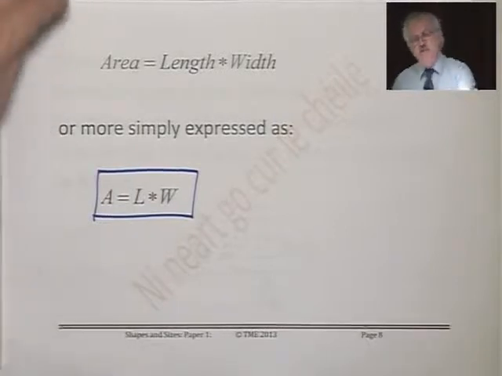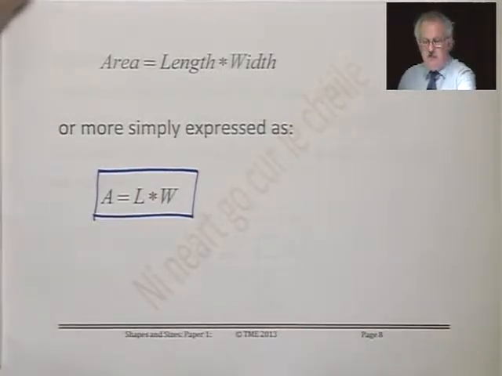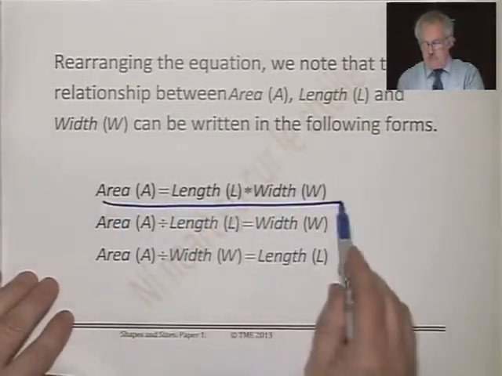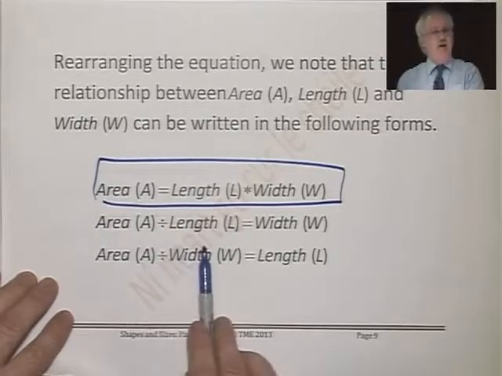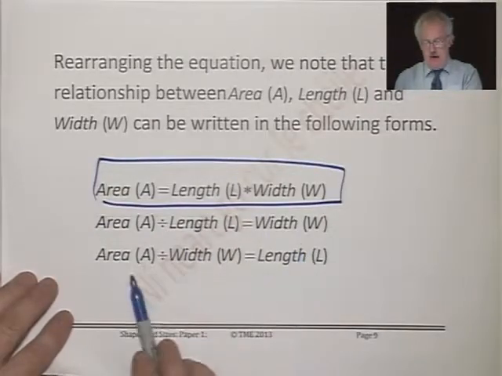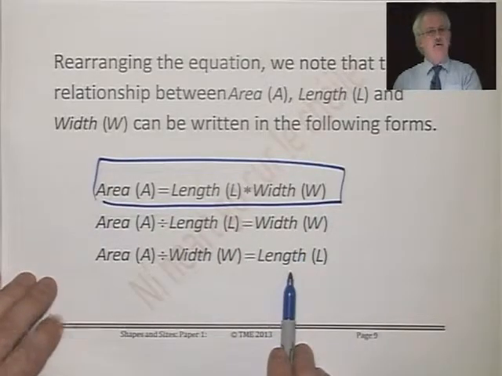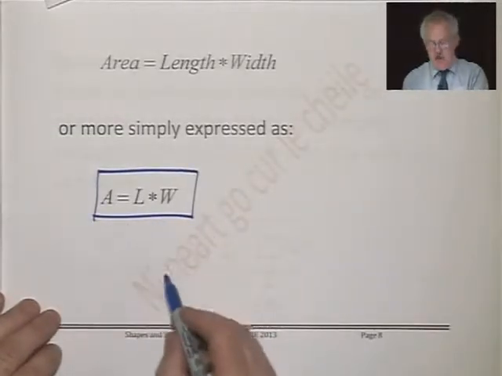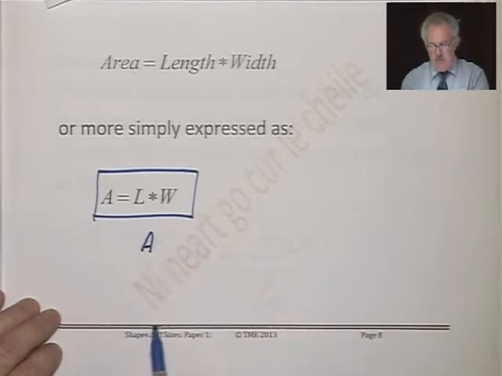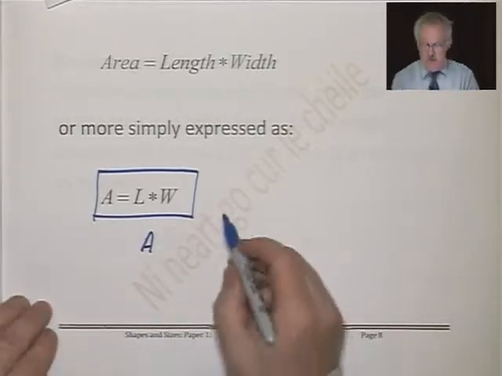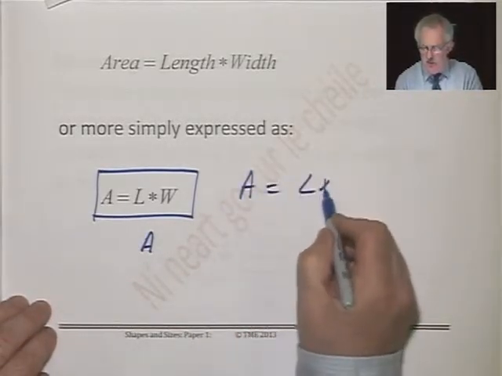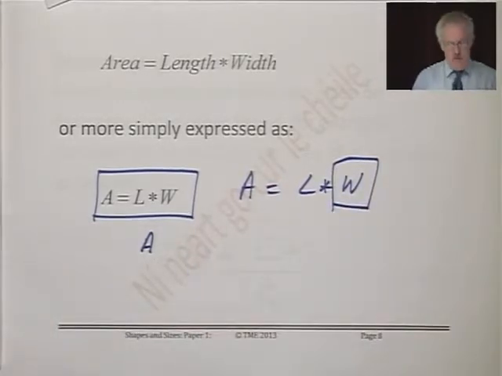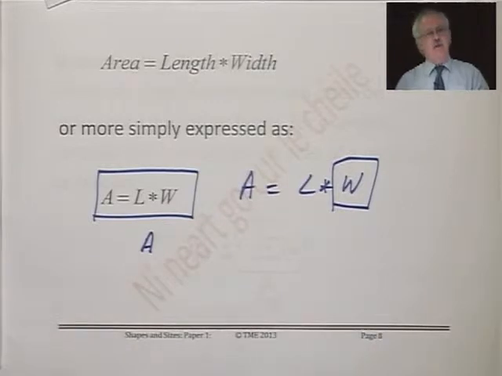But just using the association before, it also says that area divided by length is width. Area divided by width is length. So within this one equation here, you have A is L by W, but say I was more interested in W rather than A. Well, then I'd want W to be on the left side of the equation.